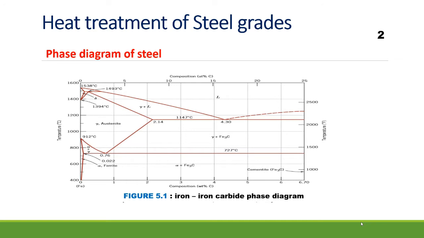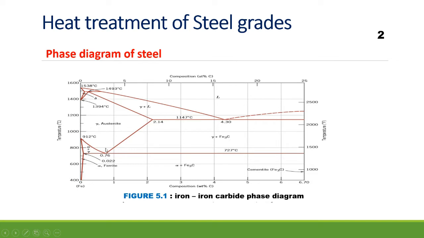And as usual, since we are discussing steel, I would like to start with the phase diagram of steel. And here you can see this is at 0.76, or somewhere you will get 0.8, carbon concentration.